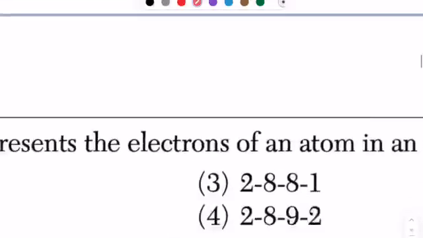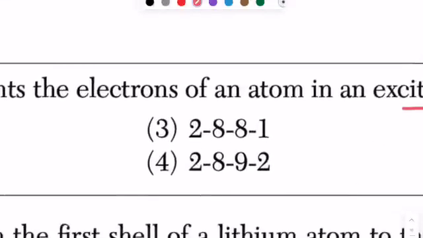If you look at option 3, we have 2, 8, 8, 1. So 1 looks complete, 2 looks complete, 3 looks somewhat complete. So this is also a ground state. In the case of 4, 2 is complete, 8 is complete, and this is also a ground state, because orbit number 3 can essentially have 18 electrons, but after we fill in 8 electrons, 2 electrons go to start filling orbit number 4, and then they come back to fill orbit number 3 completely, because that's how energies work.